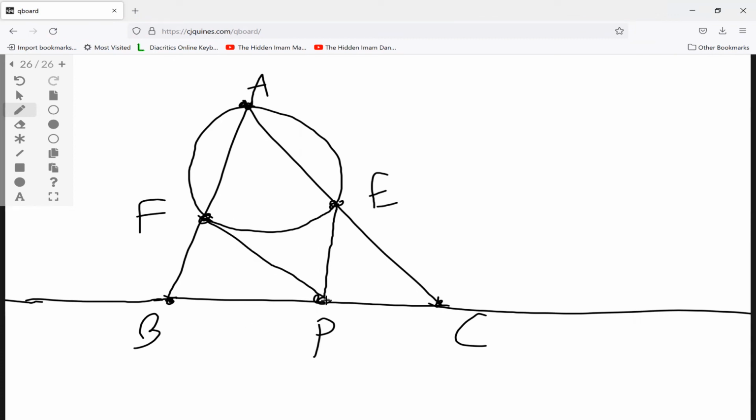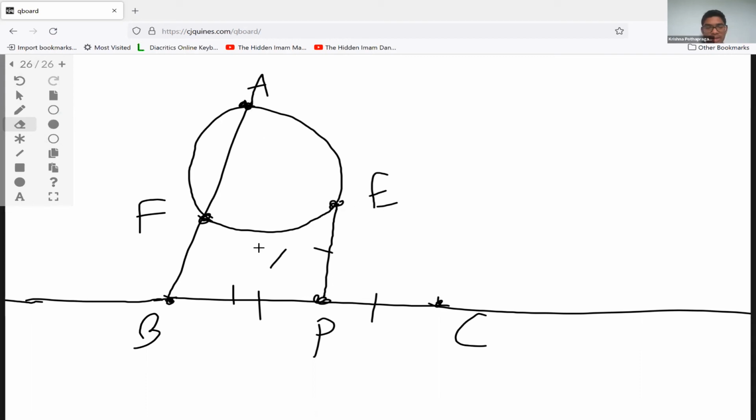The problem is: PC equals PE, PB equals PF, show that circle AEF passes through a fixed point.